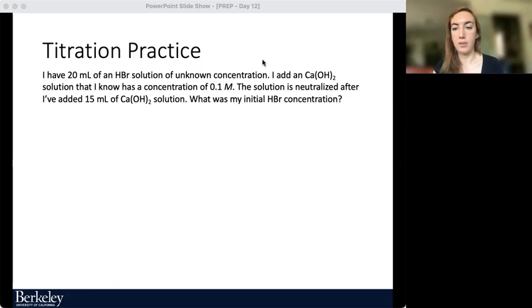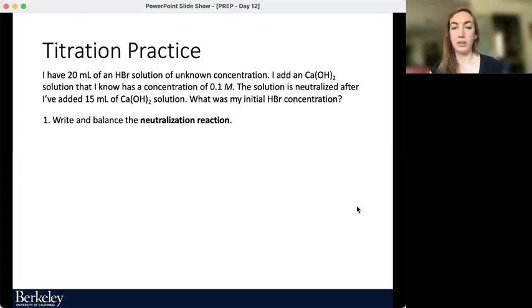Okay, I think everybody is back. So let's go over it. Our first step is always to write and balance our neutralization reaction. So we have HBr, which we mix with CaOH2, and we have to make sure that our salt has a charge of 0. So Ca has a charge of +2 and Br has a charge of -1.